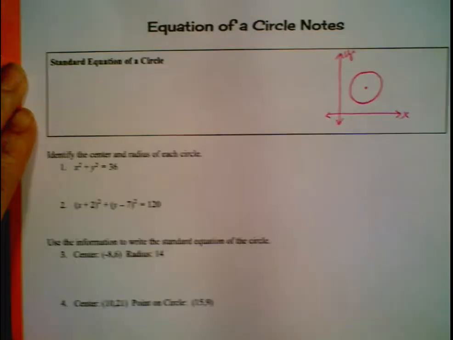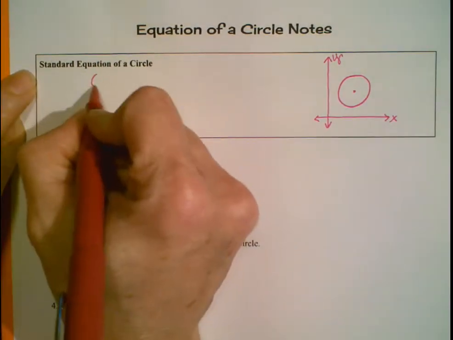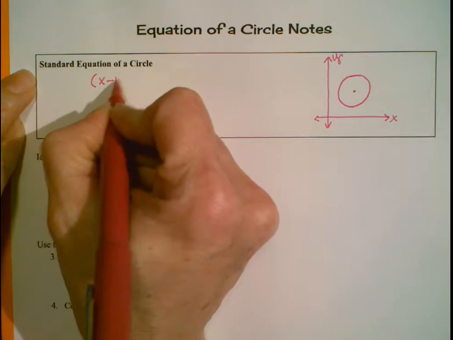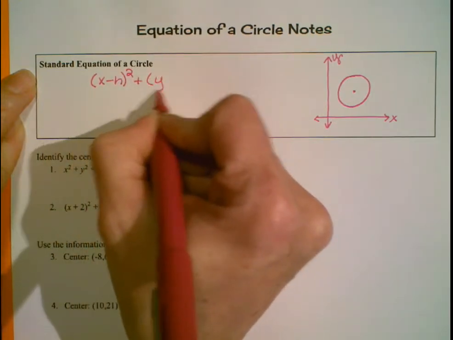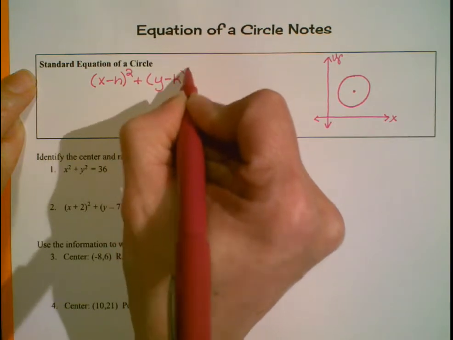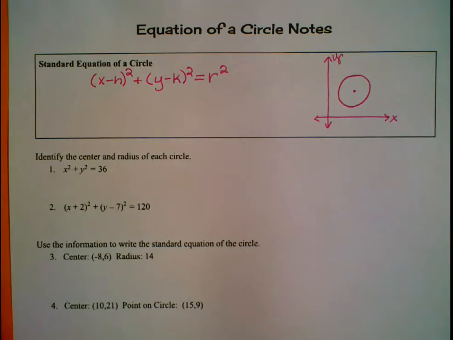So the standard form or the standard equation of a circle is the quantity x minus h squared plus the quantity y minus k squared equals r squared. You may be thinking, what in the world do all those letters mean?